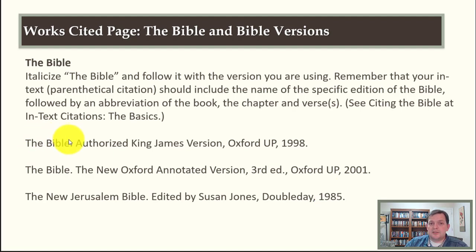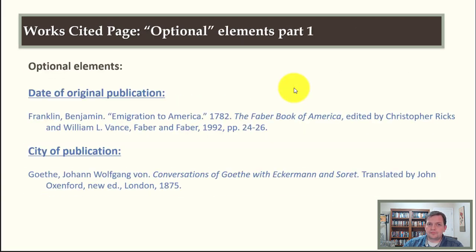Somehow in the process of making this PowerPoint for recording, the italics disappeared here, but the Bible should be italicized. And you can also italicize Authorized King James Version or the New Jerusalem Bible. So you want to italicize all that refers to the title there, and then move on from that.